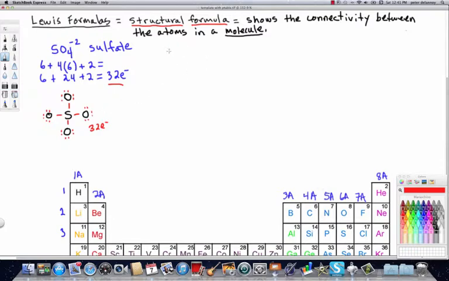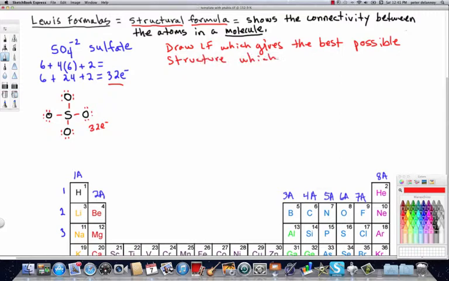But here's the situation. There are other possible structures for this molecule. So if we change the question and we said, draw the LF, the Lewis formula, which gives the best possible structure, which may violate the octet rule.